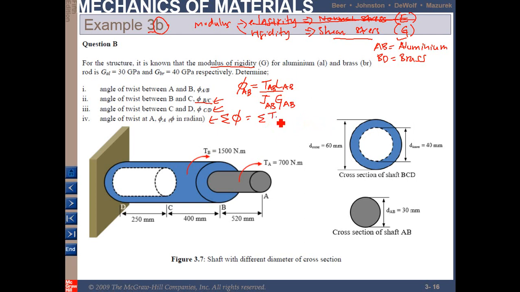So we write the sum of Ti Li over Ji Gi. Okay, so let's move to another slide so that we have plenty of empty space to write down our answer. This is the cross section of BCD and this is the cross section of AB.